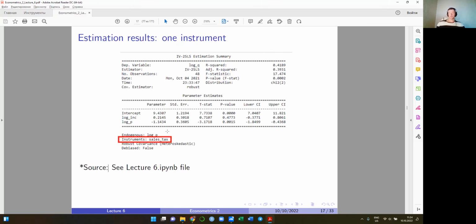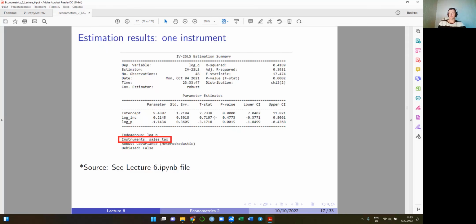Well, this is the result when we use only one instrument. So we start with one instrument, one endogenous variable, and here is the estimation result. Let us first look at p-values. The estimate of log income is not statistically significant. I guess it's reasonable, because income does not affect the demand for cigarettes, right?